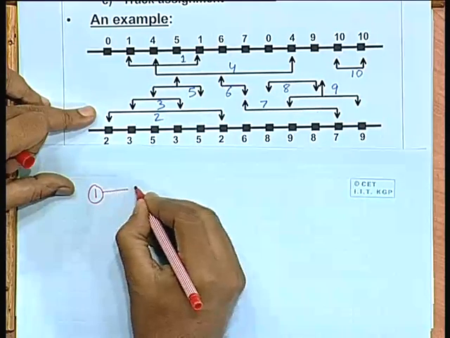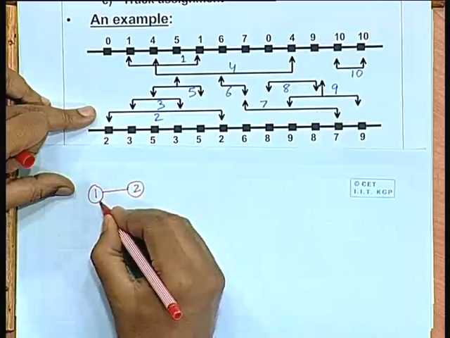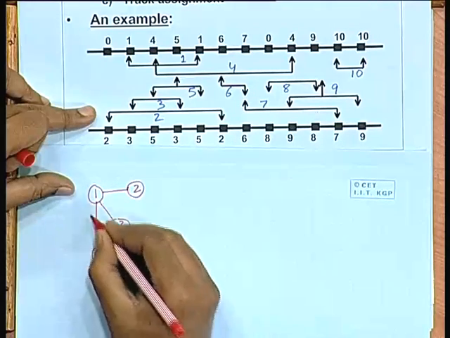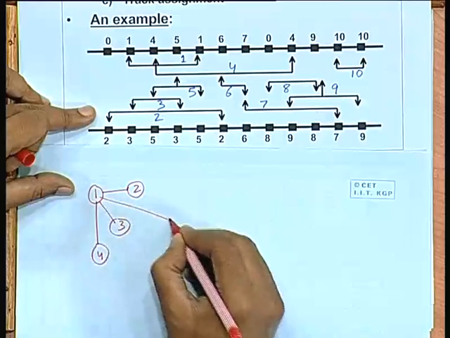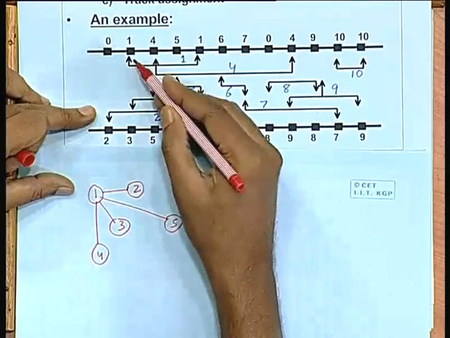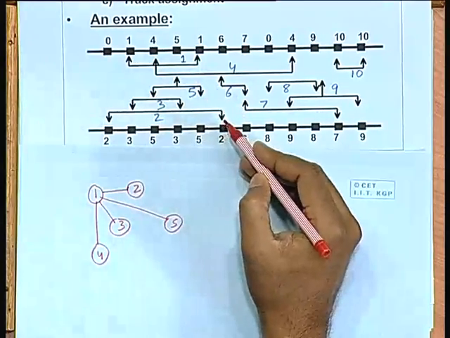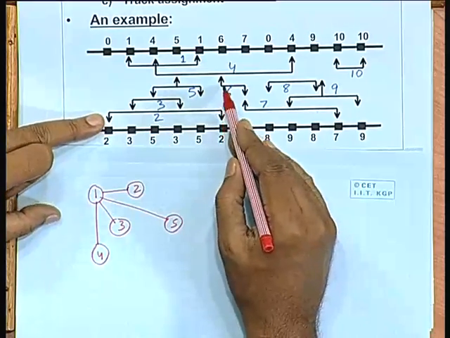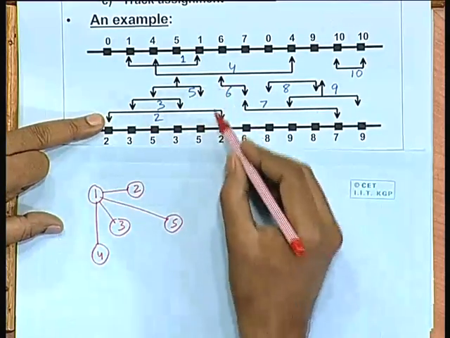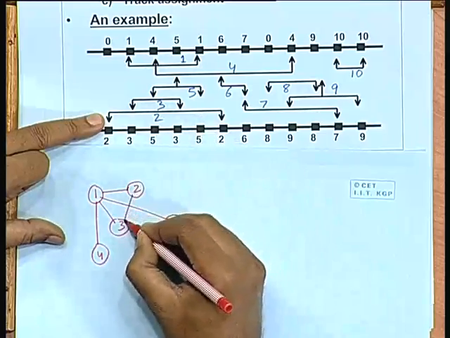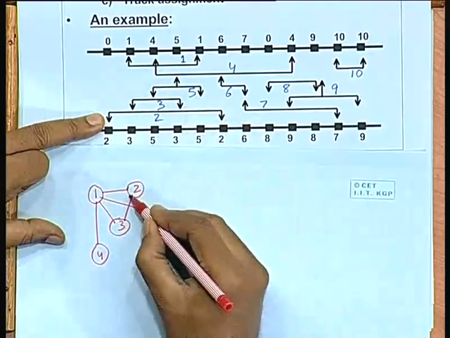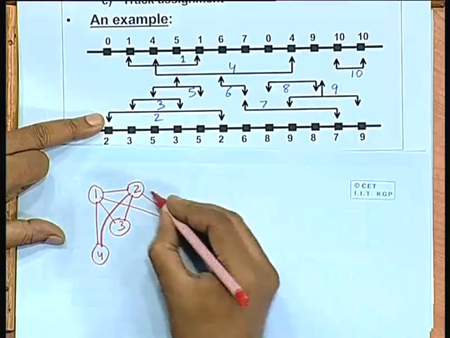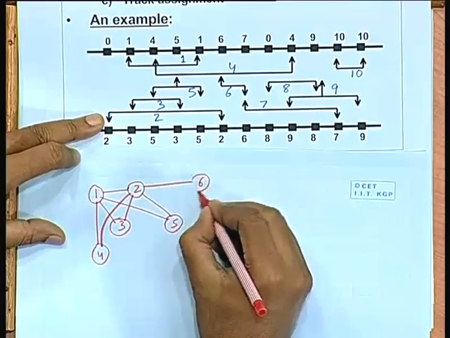So, there will be edges to 2, to 3, to 4 and to 5. So, from net 1 these are the edges. From net 2, in addition, you have an edge with 6. So, 2 will have an edge with 3, with 4, with 5 and with 6 also.